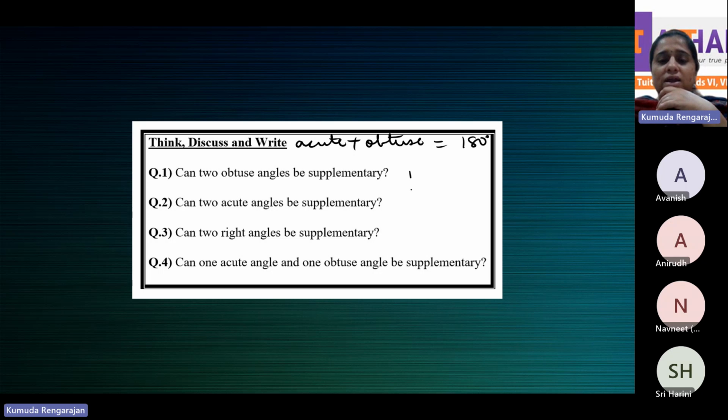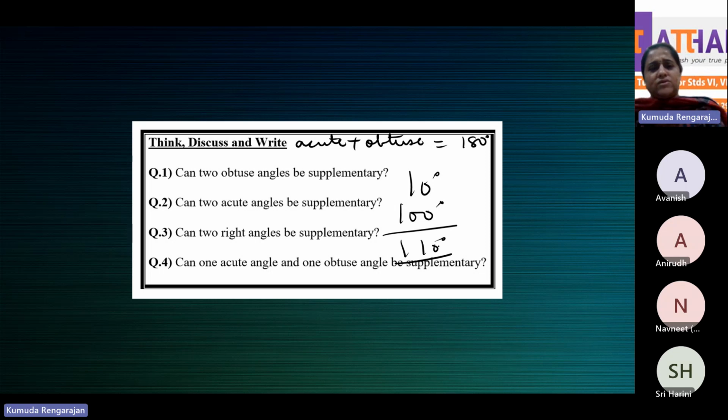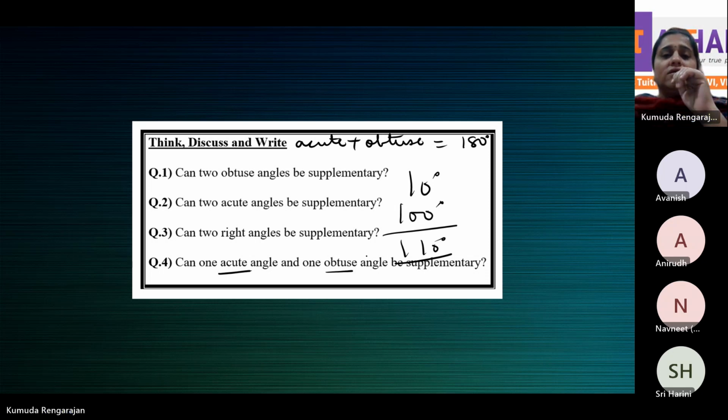Because if you take the acute angle 10 degrees and the obtuse angle 100 degrees, what is their sum? 110 degrees. They are not supplementary. You can give examples of one acute and one obtuse which are supplementary, but that doesn't mean that every time they will add up to 180. That is not always true.